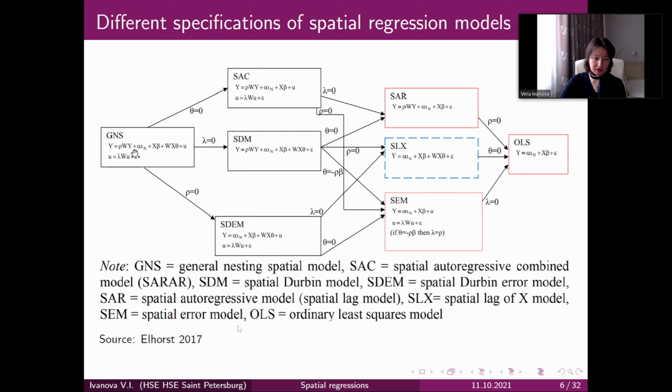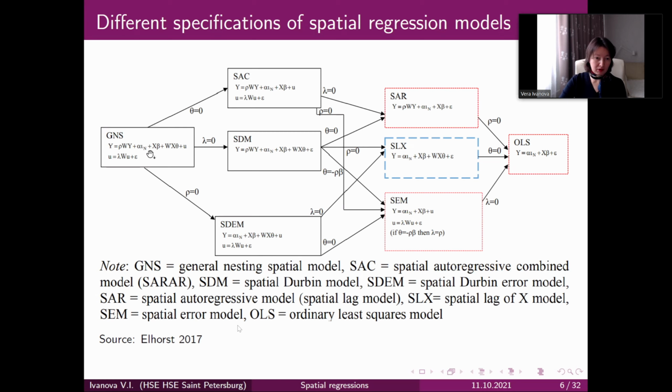Assume that we include the spatial lag of the dependent variable, this term, and a parameter to estimate is rho. Also, we have a spatial lag of x variables, and a vector to estimate is theta. Also, we have a spatial lag of the error term, and a spatial parameter to estimate is lambda.